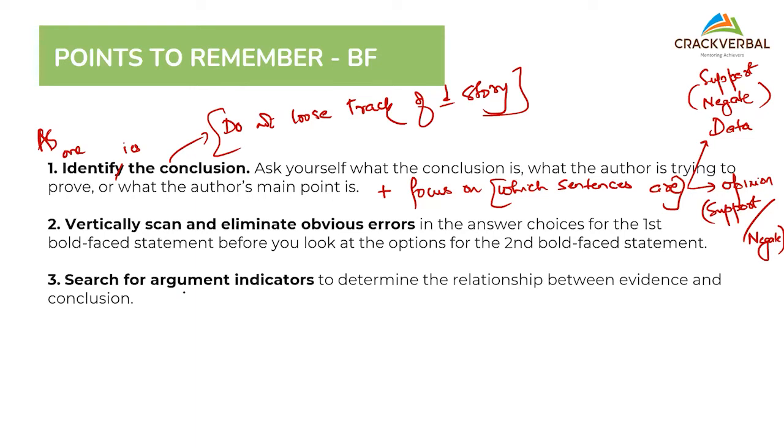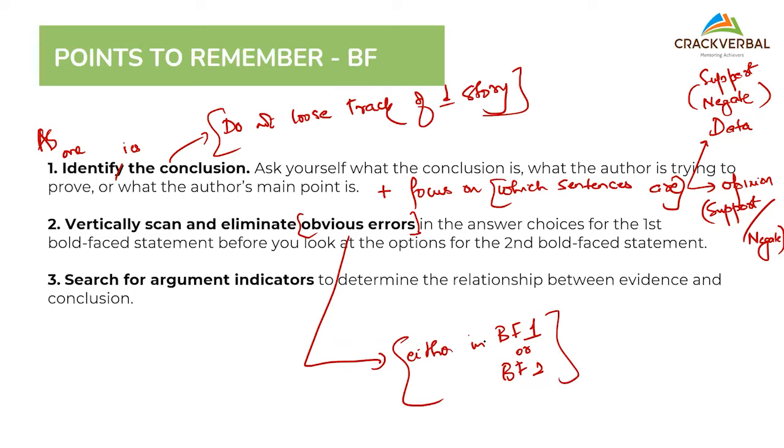Clear? Then once you've done this, move to your options. Please move to your options. Vertically scan and eliminate obvious errors in the answer choices by using the first or the second. So I am not saying only use the first or only use the second. You might find obvious errors either in BF1 or BF2. This will be purely based on what you think is 100% true about the role of BF1. So if you realize the boldface one is 100% an evidence, what will I do?